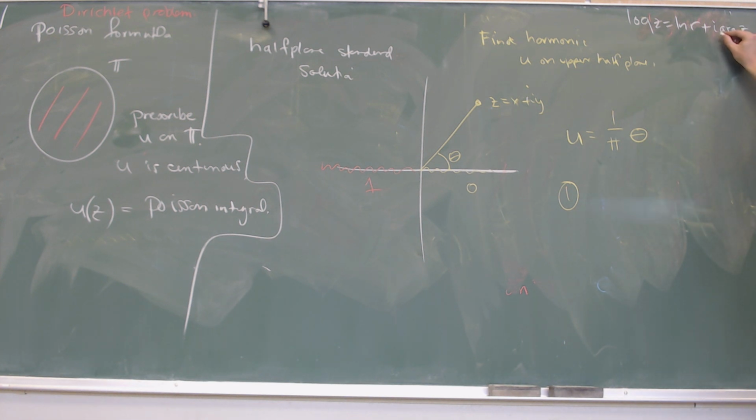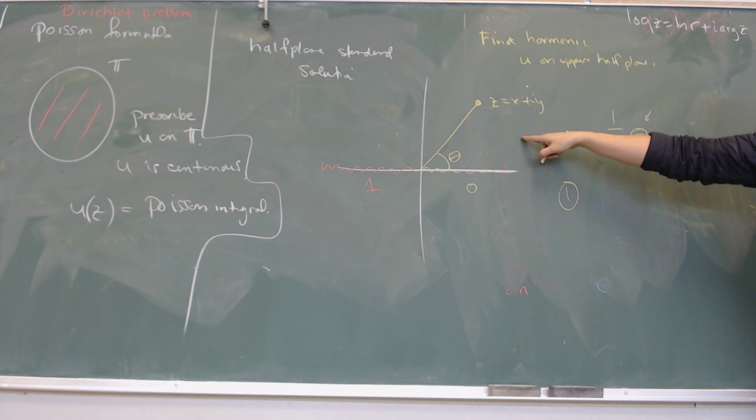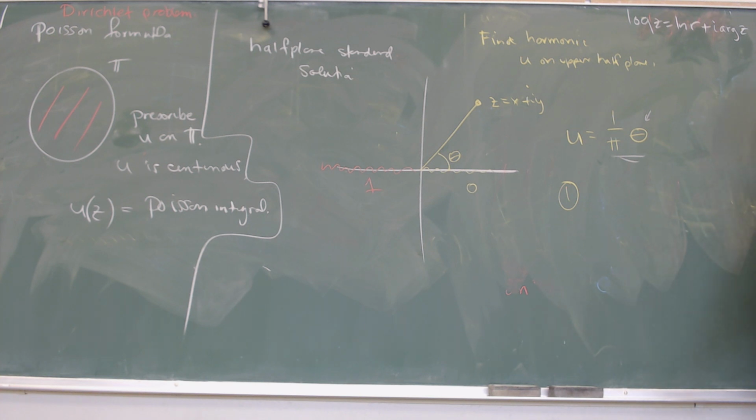So you notice that this is almost what we want because theta is equal to the argument of z in this picture. And so the way that we're going to fix it is, if this function is analytic, is this one? If I take an analytic function multiplied by a constant, does it remain analytic? The answer is yes.